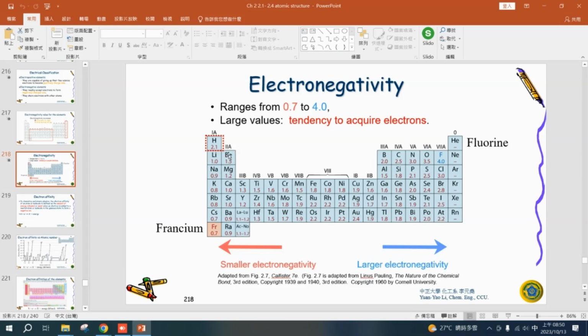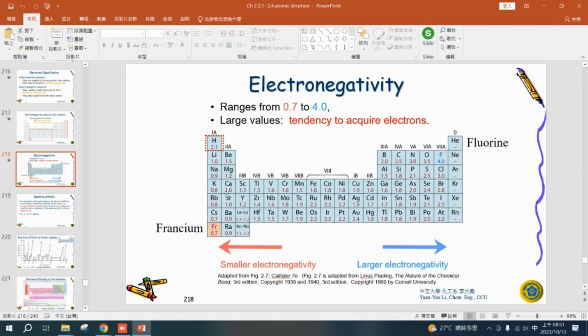Because according to the s2p6 noble gas stability rule, you have extra electrons, 1 extra electron, 2 extra electrons. You want to get rid of these electrons in order to become the s2p6 noble gas structure. And with this one, you have 7 valence electrons, and once you receive 1 more electron, you can get s2p6 stability, right?